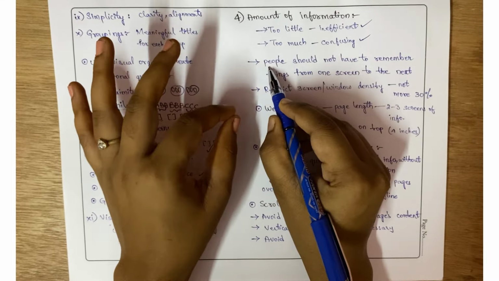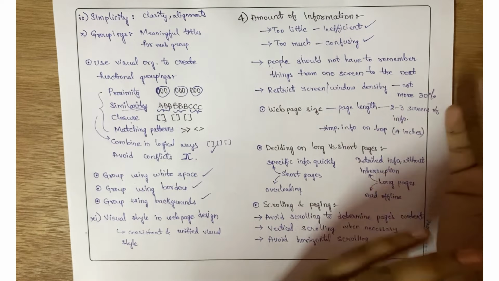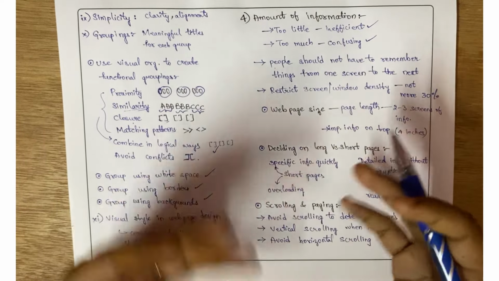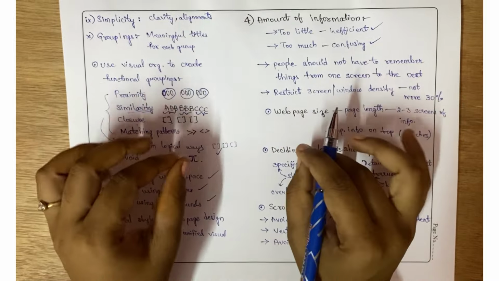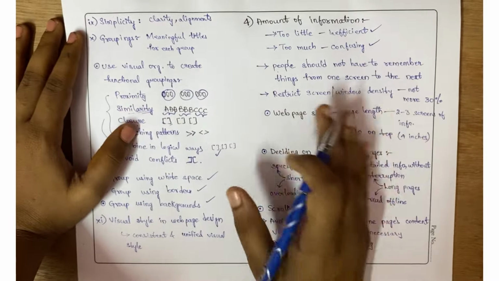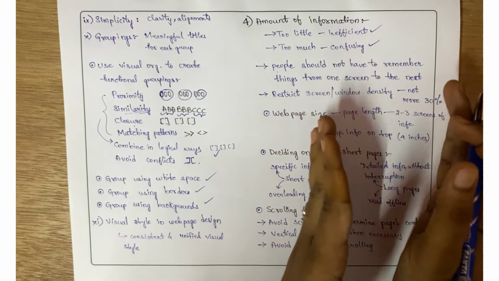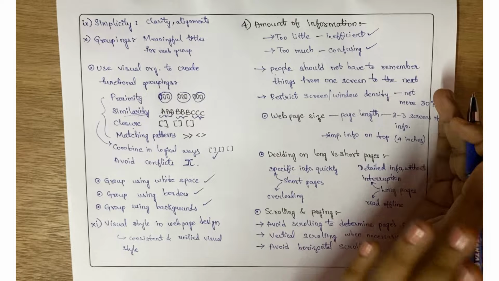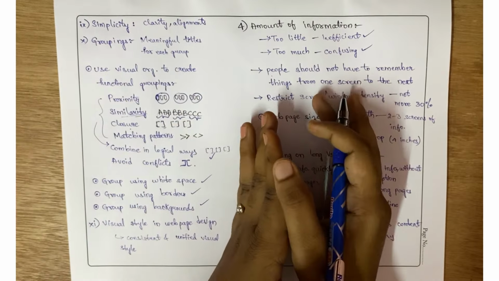And coming to the point that people should not have to remember things from one screen to the next screen. That means whenever we open, say again the same GeeksforGeeks website, you have studied one of the page contents, then you have moved to the next page, but this page now has all the information which you need to remember from the previous one. Such things must be avoided.